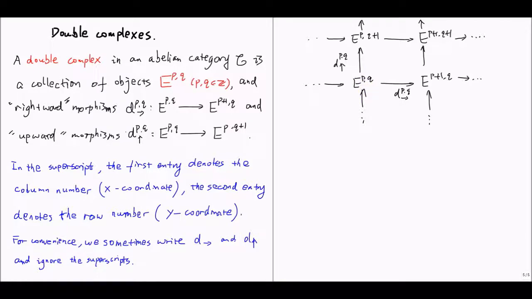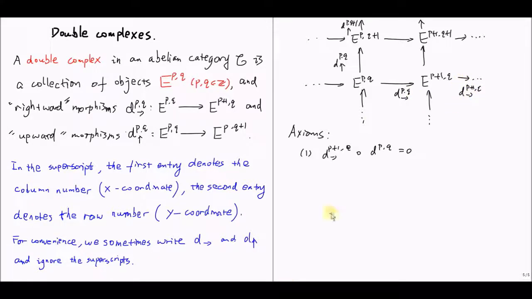As you can expect, these arrows, we call them d-ups and d-rights, will satisfy a couple of axioms. The composition of a d-right with a map next to it is 0.